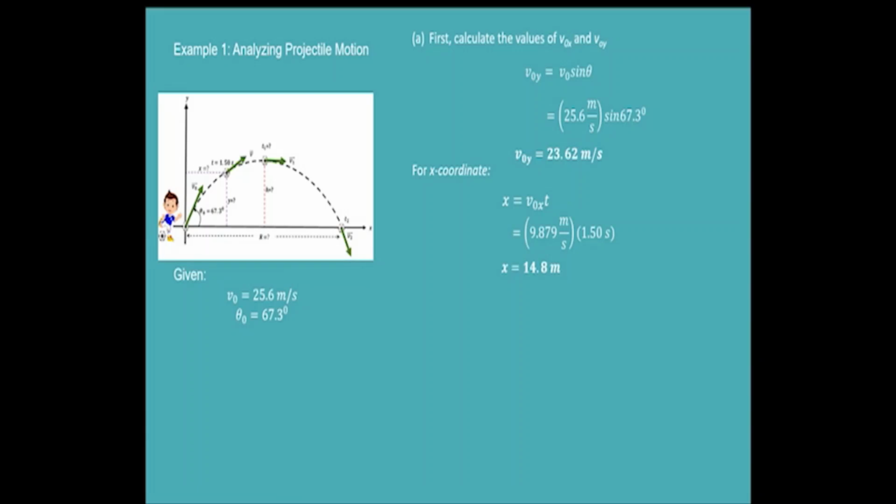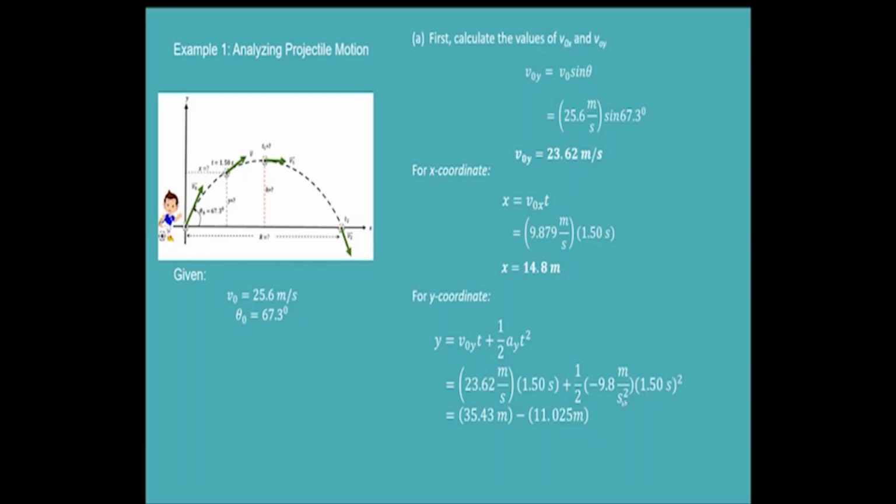Let's continue. For the y-coordinate, we will use the equation y is equal to v sub 0y t plus 1 half a sub y t squared. Let's substitute the values. v sub 0y is 23.62 meters per second times 1.50 plus 1 half, negative 9.8 meters per second squared, our acceleration in the vertical motion, times 1.50 second raised to the power of 2.